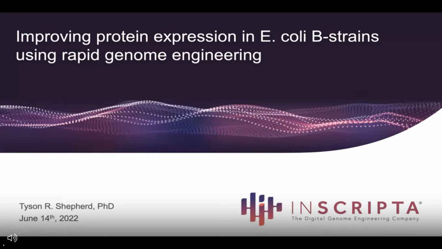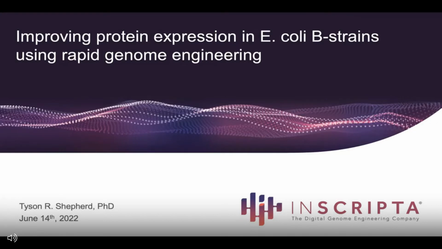Today I'm going to be talking to you about applying the Inscripta platform technology, with its capabilities of rapid genome engineering, to improve the expression of E. coli B strains. As you probably know, the E. coli B strains are a go-to resource for the heterologous expression of proteins.